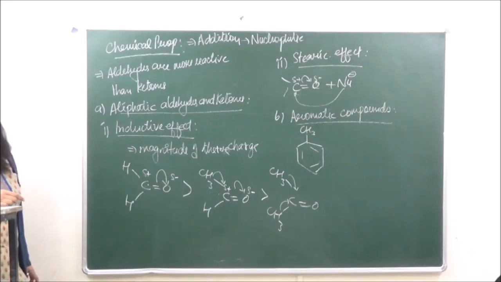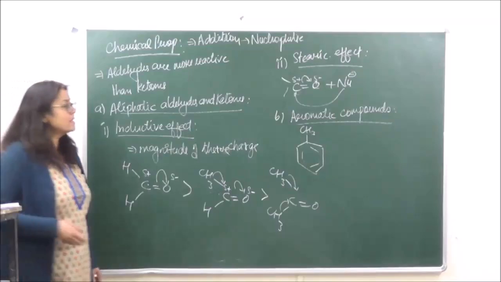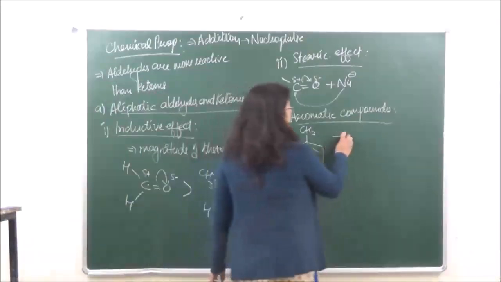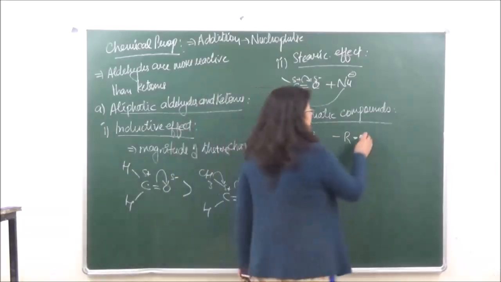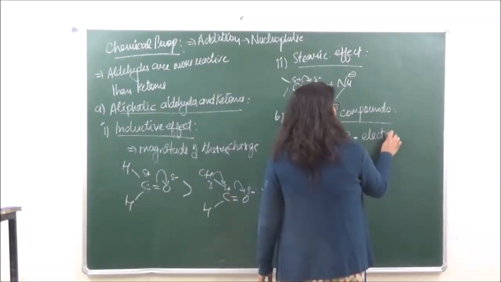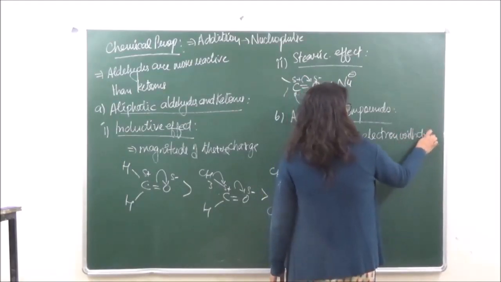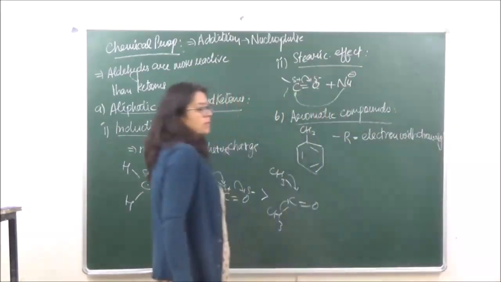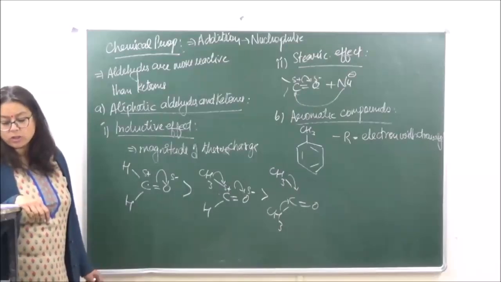So in aromatic compounds, if a minus R group is present, what is a minus R group? There are two types of groups which may be present. A minus R group is an electron withdrawing group which is going to withdraw electrons.